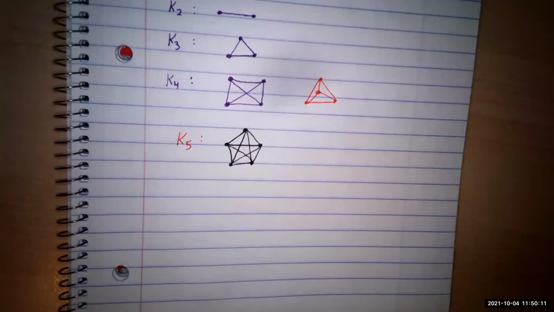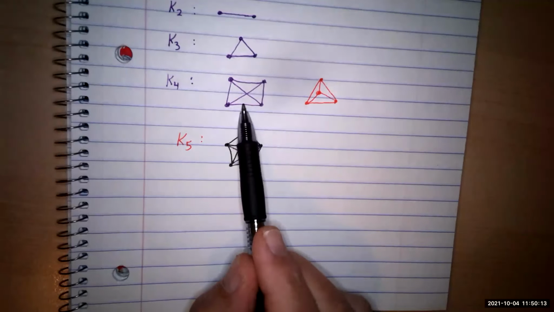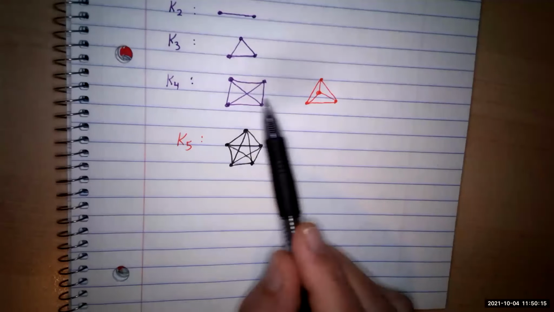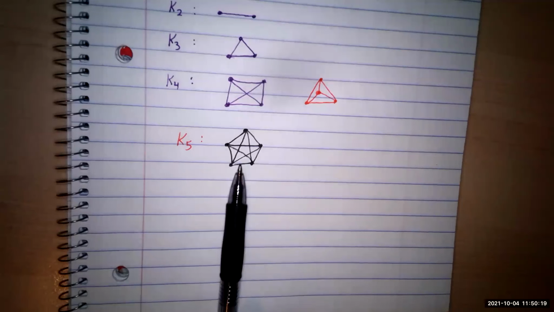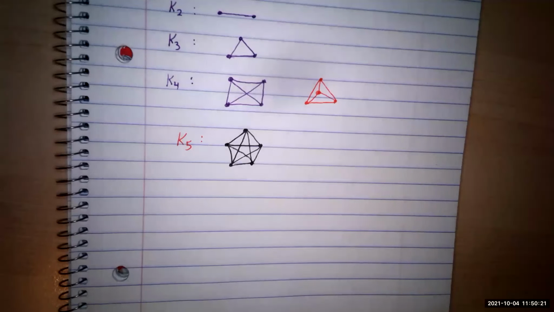K5 is popular. The one that I did for K4, I just changed it so that these intersections are going to be just vertices. But you can't do that with this one. So K4 is called a planar graph, but K5 is a non-planar graph. And this is one of the nice problems in graph theory. It was around for a long time.